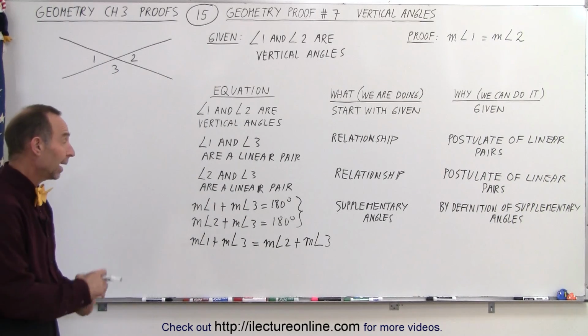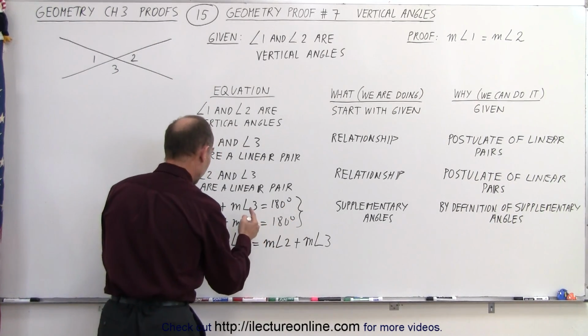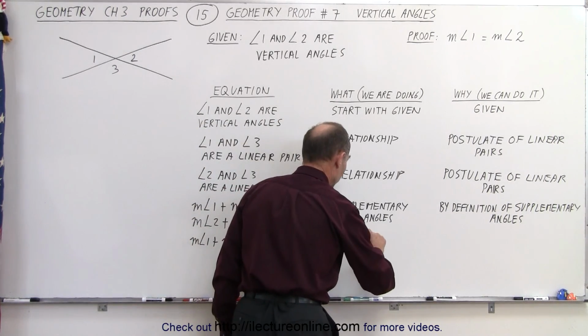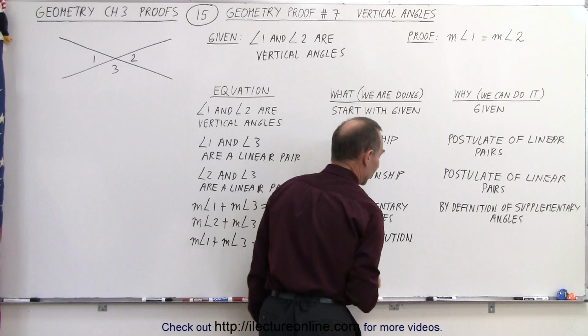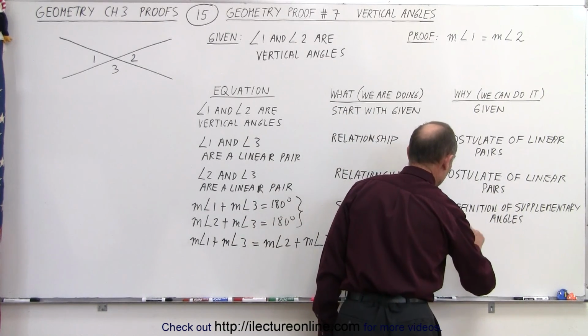Why can I do that? I simply made a substitution. I replaced 180 degrees by what 180 degrees is equal to. I can do so because of the substitution property of equality.